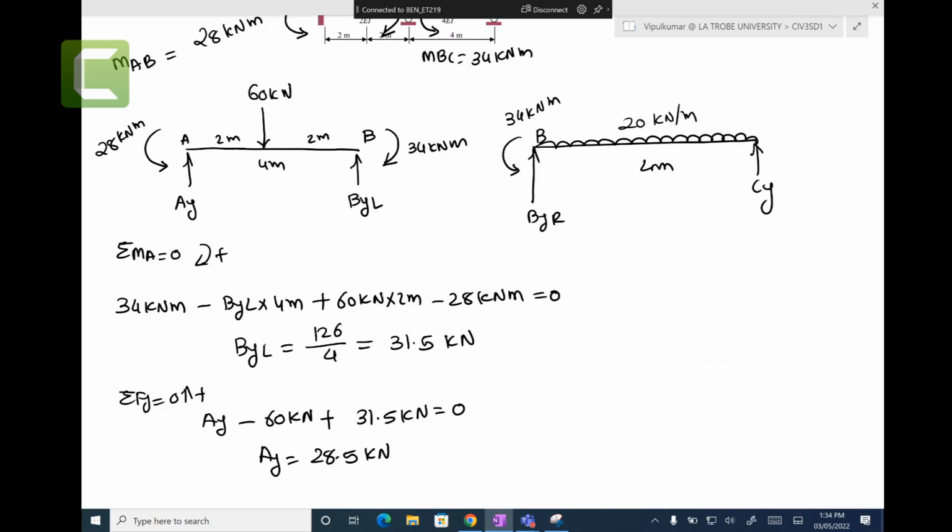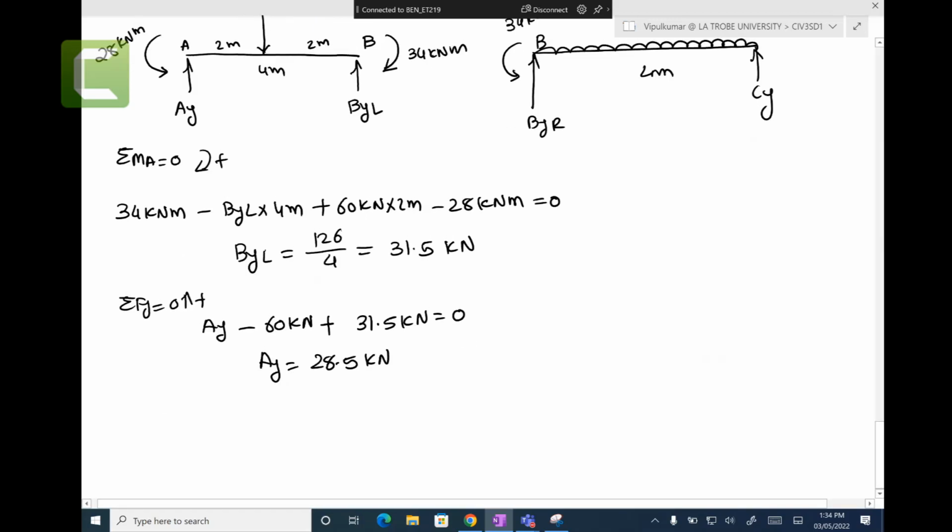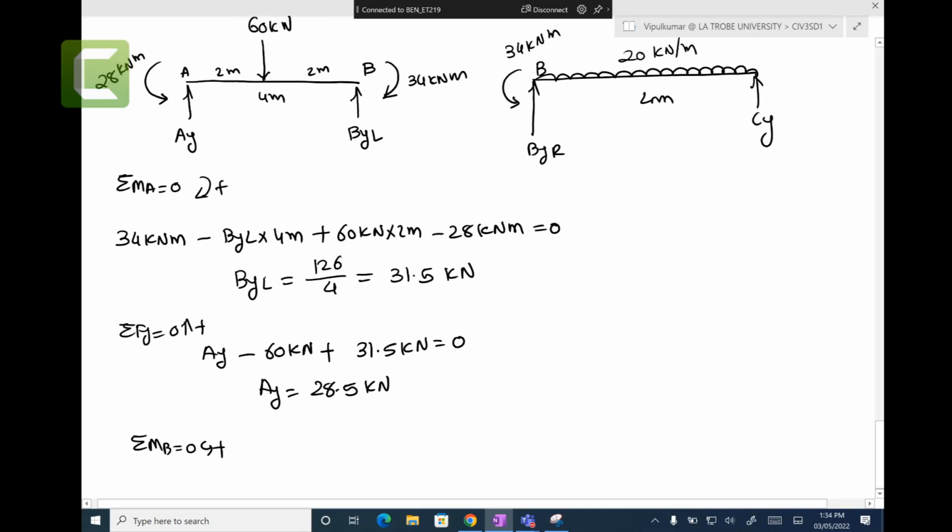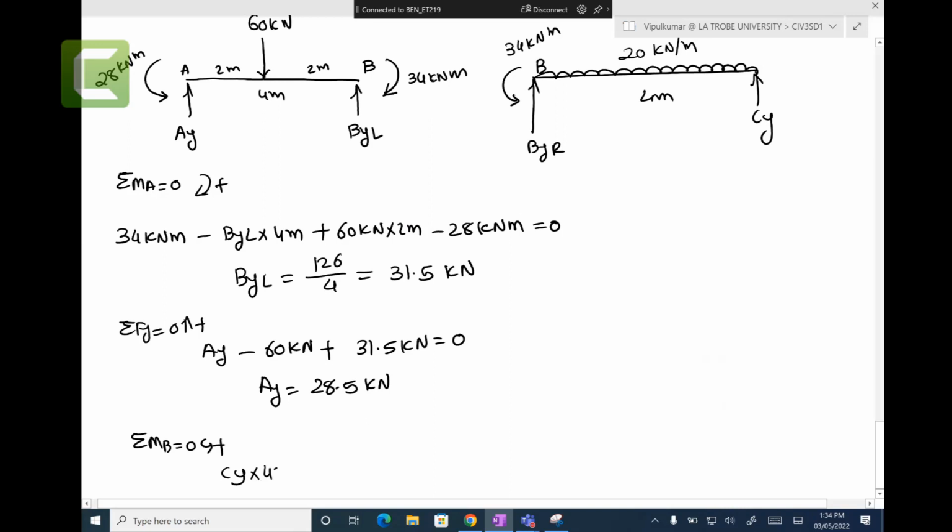We can use the same style here in BC. Sum of the moments at B equal to 0. Clockwise positive. Minus CY times 4 meters plus 20 kilonewtons per meter times 4 meters times 2 meters minus 34 kilonewton meters equal to 0.